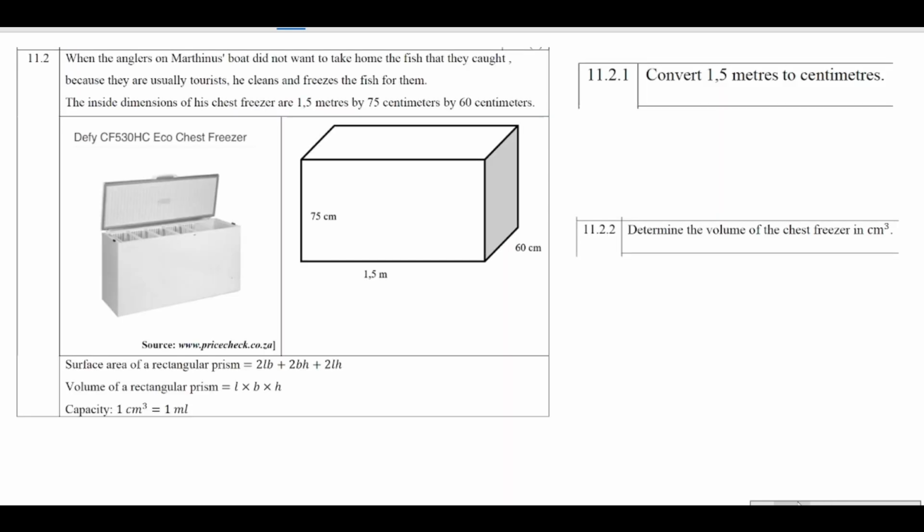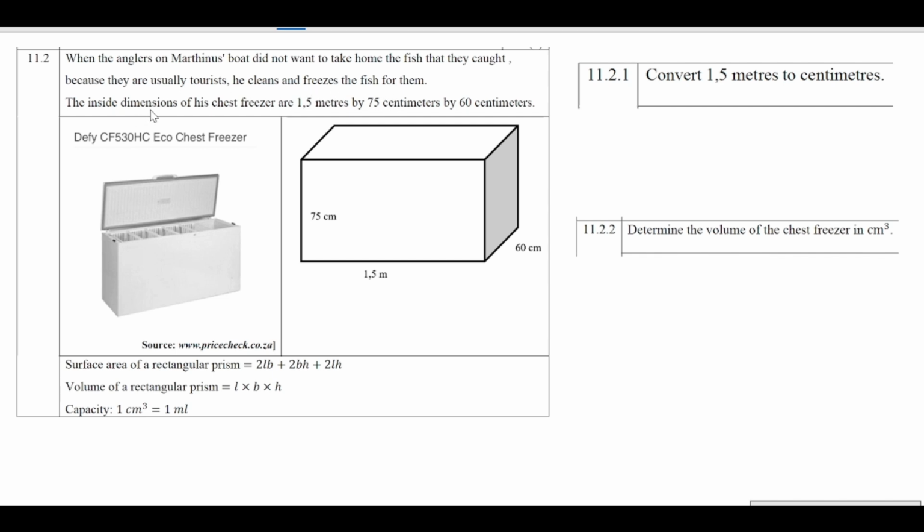In the next one, they say that when Martinez's boat customers, usually tourists, did not want to take home the fish they caught, he cleans and freezes the fish for them.